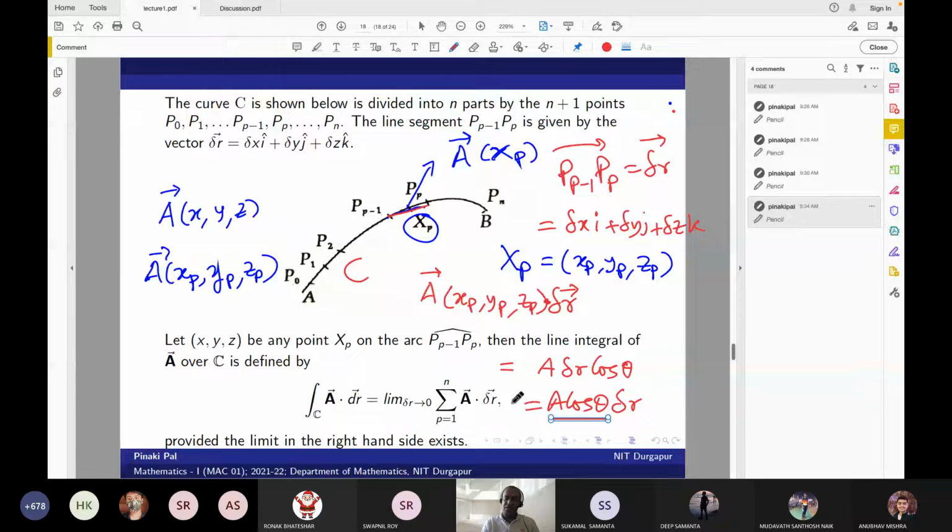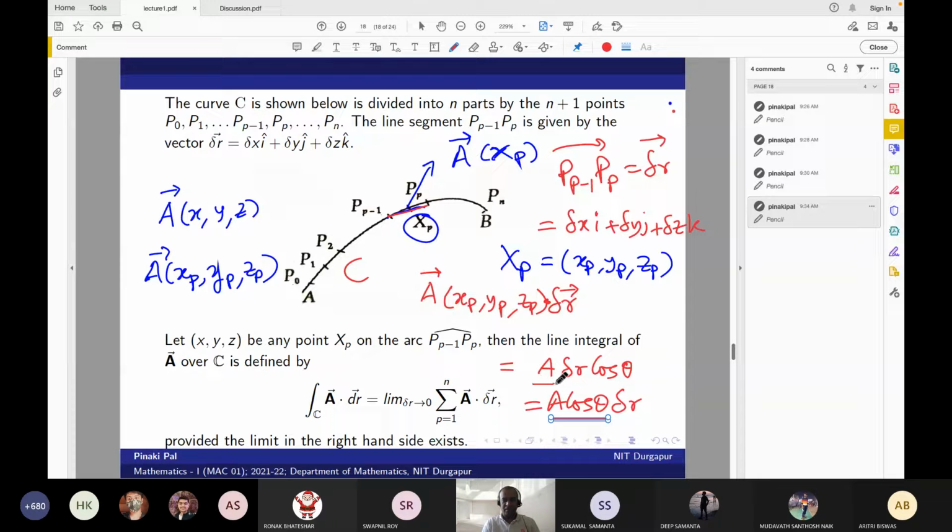Is the A vector a unit vector? Because we are already taking the dr vector, which may not be a unit vector. No, they are not unit vectors. It is not necessary. We are taking the amplitude of it in the definition.